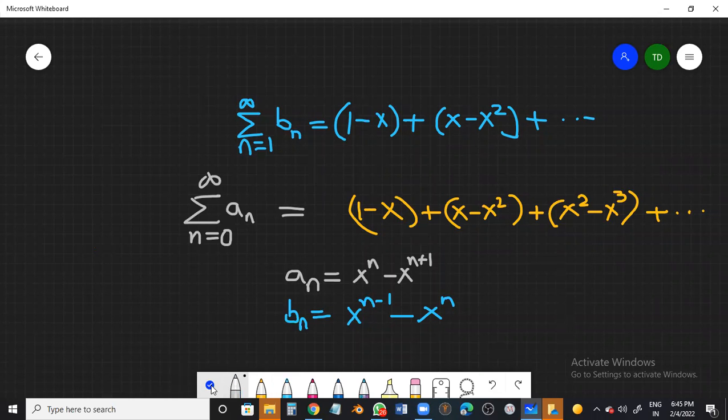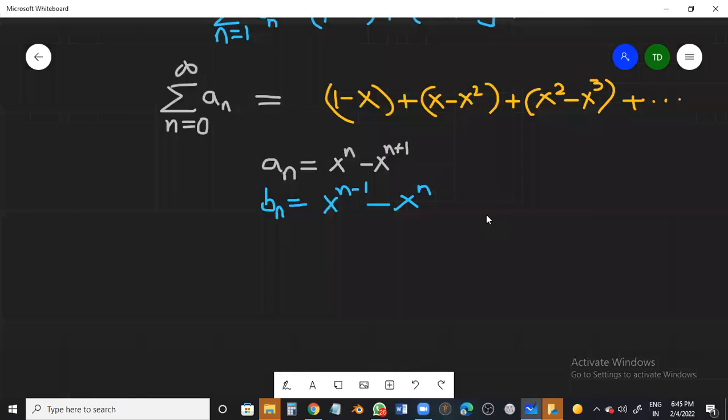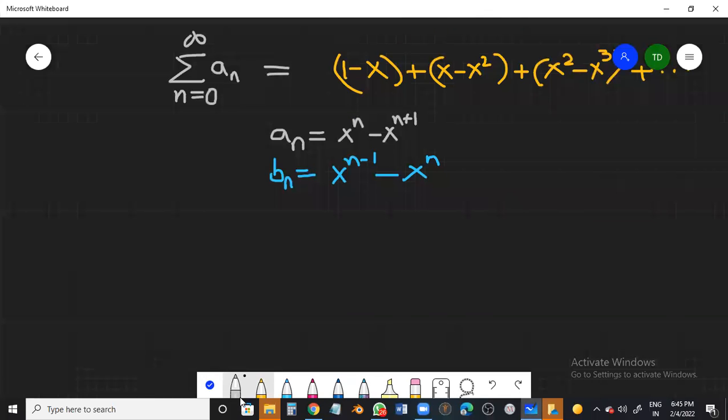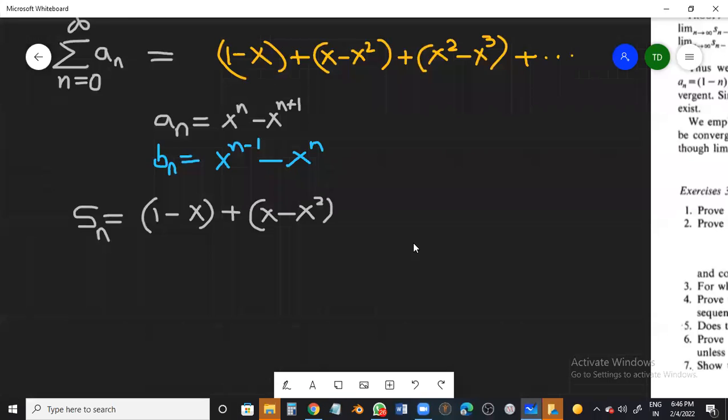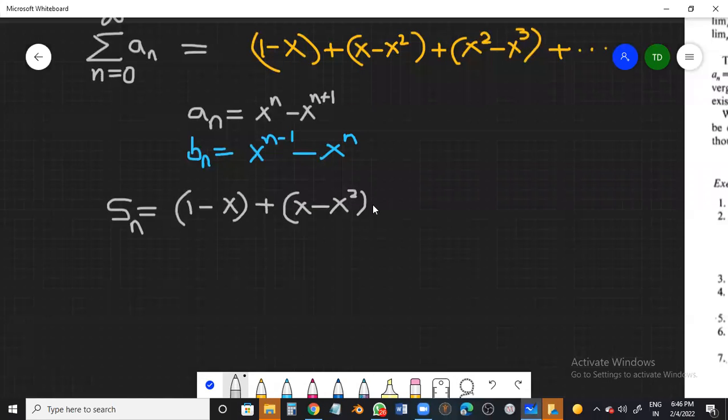But the decision is taken by the sum of n terms. So let us start with the sum of first n terms, Sn. What will it be? 1 minus x plus x minus x square plus x square minus x cube.